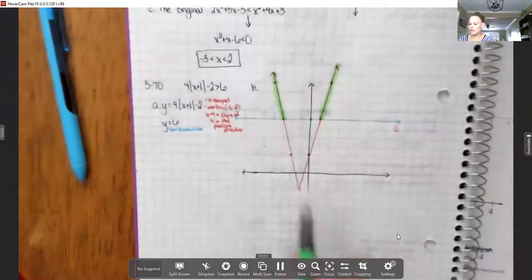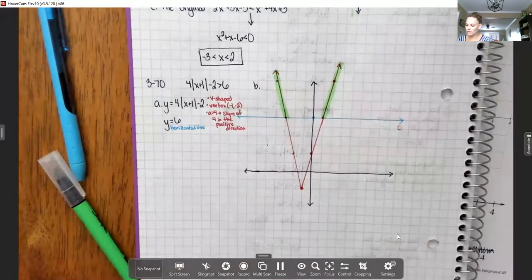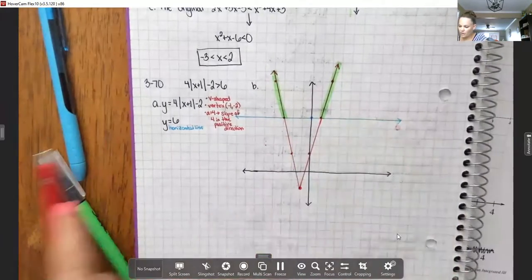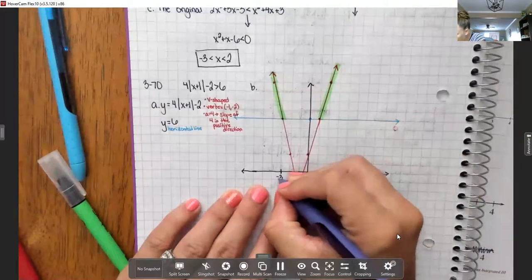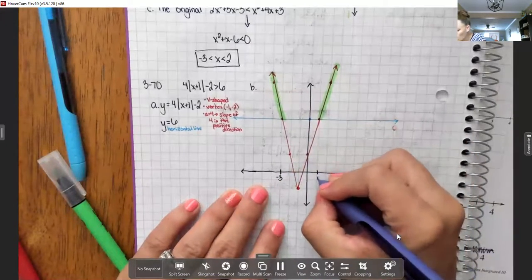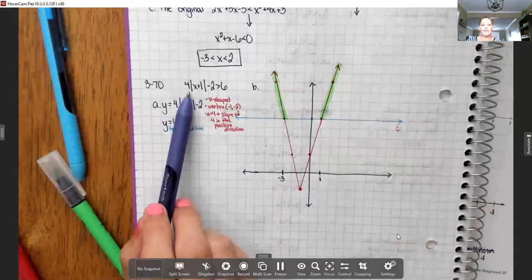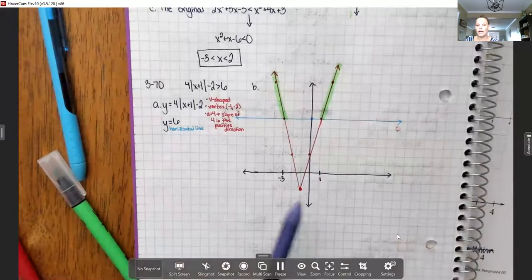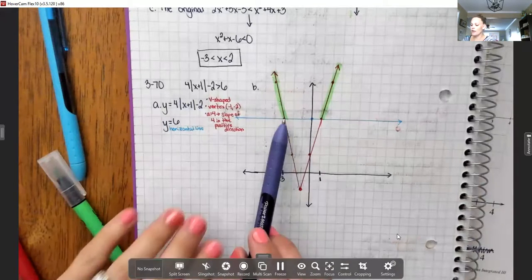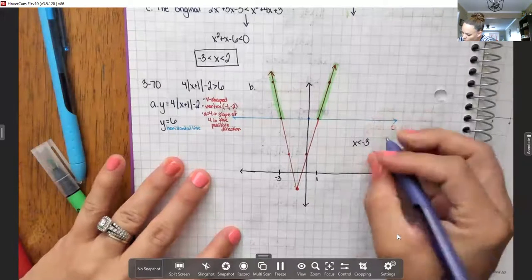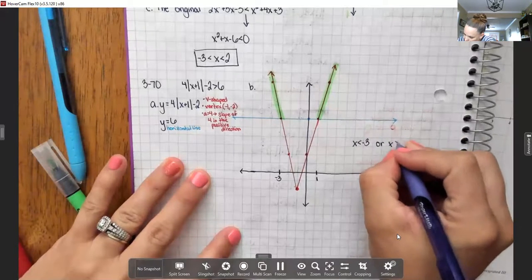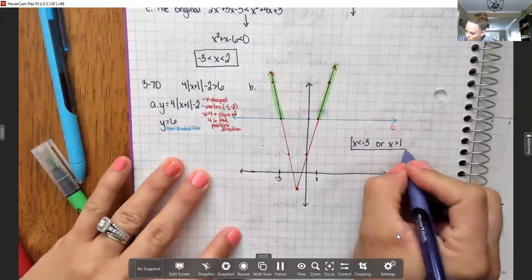That's when the V is above the line. If we go down, we see that this is when x is -3 and this is when x is 1. Our original problem doesn't have a y in it, so our answer isn't going to have y in it. Green is above when x is less than -3 or x is greater than 1.